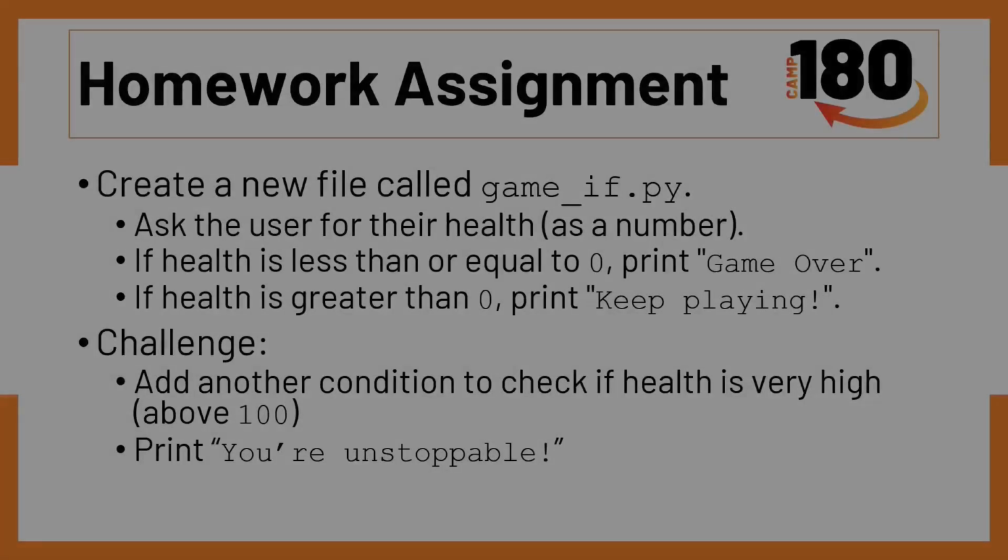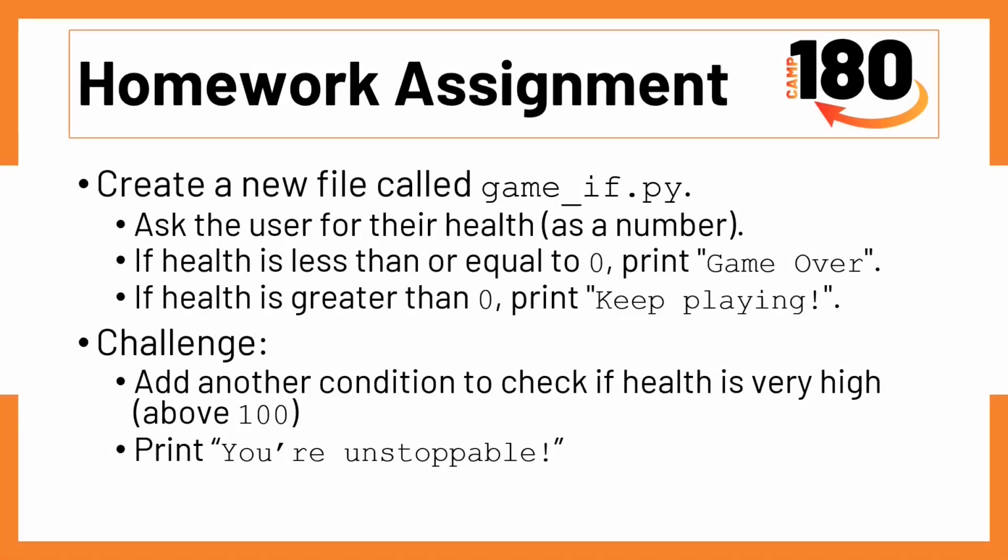Here is your homework for lesson 7. Create a new file and call it game_if.py. First, ask the user to type their health as a number and store it in a variable called health. Next, check if health is less than or equal to 0. If this condition is true, display the message game over. Then, check if health is greater than 0.